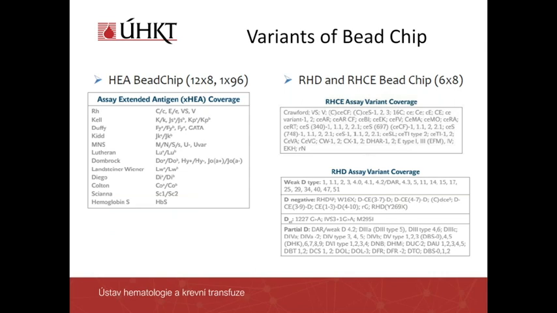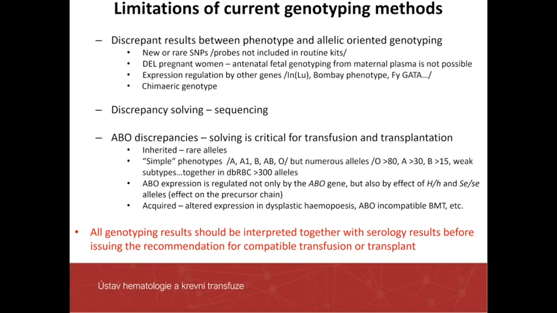The V-chip is able to detect the variants of RH, Kell, Duffy, and other blood group systems, and also variants of CE genes, which is especially important for the African population, and also RHD, the most frequent D types. But in this kit, ABO typing is not possible.